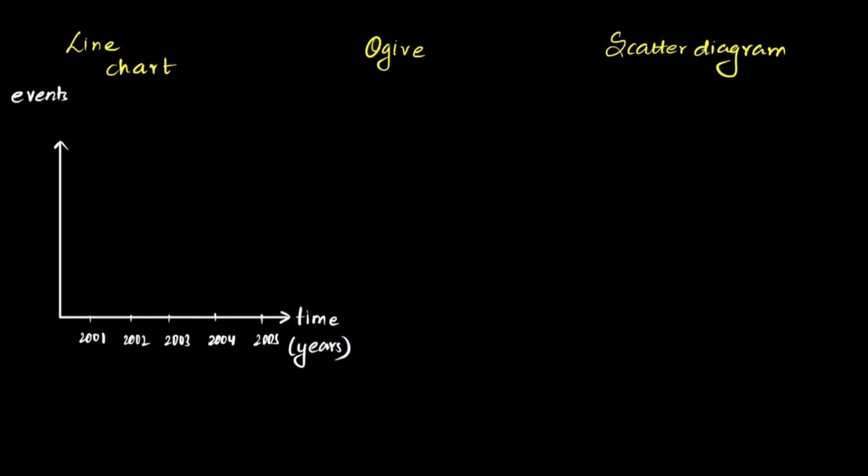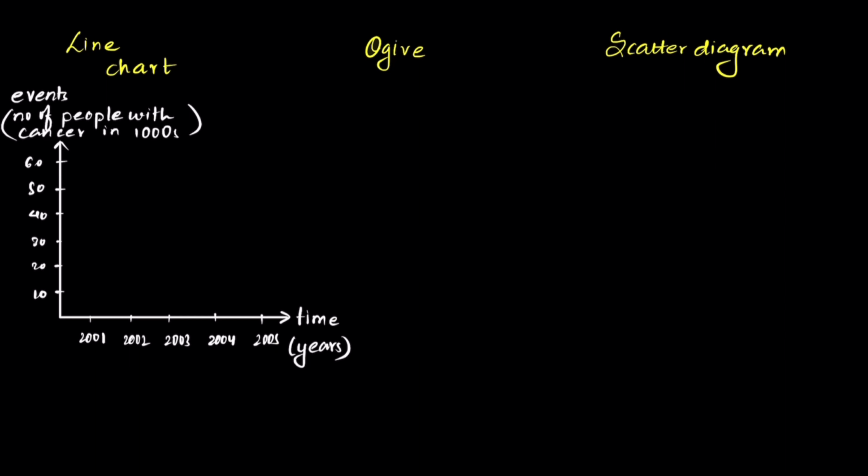Let's say the event that I take is number of people with cancer, in thousands. So you have 10,000, 20,000, 30,000, 40,000, 50,000, 60,000.